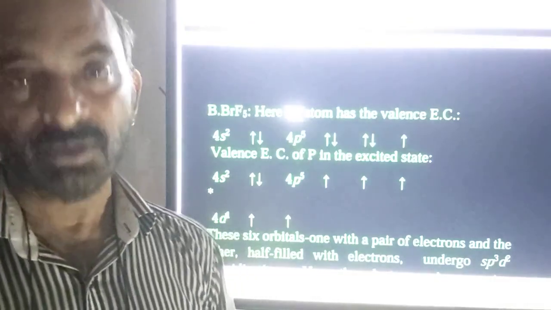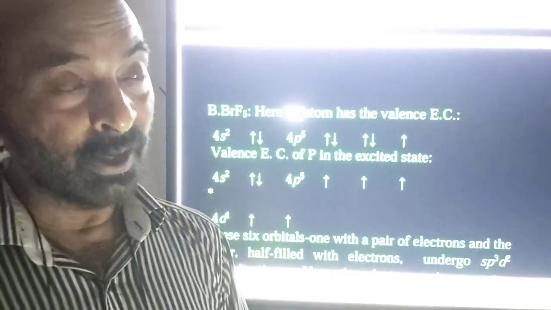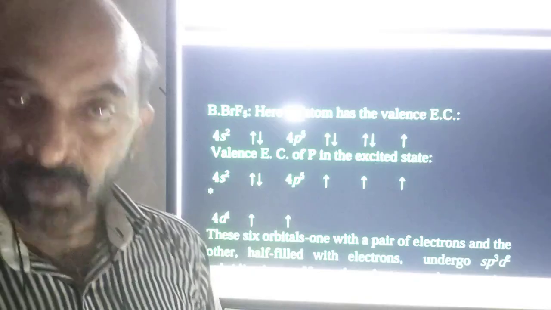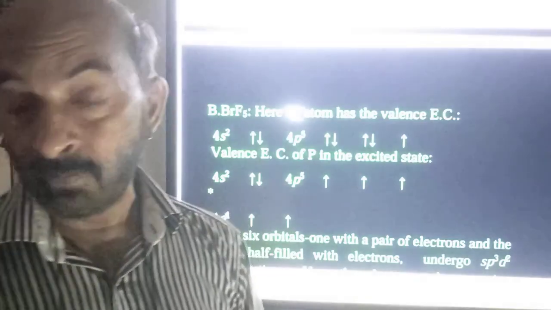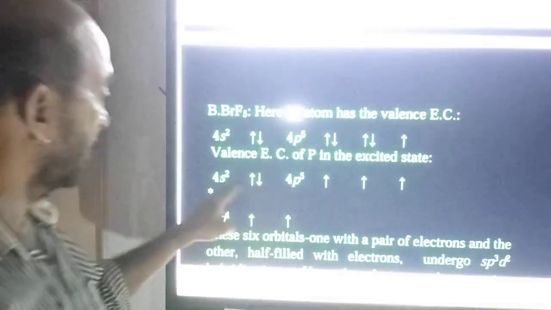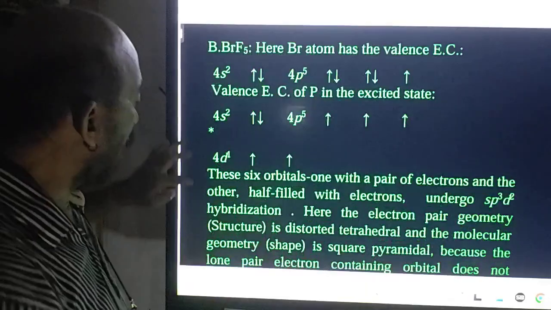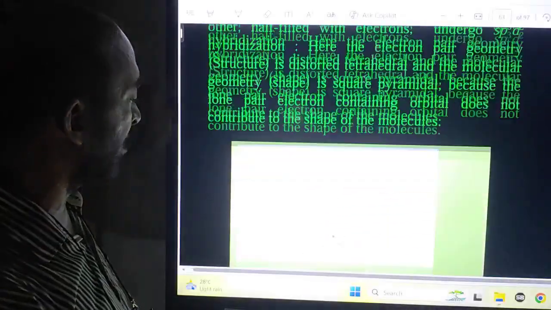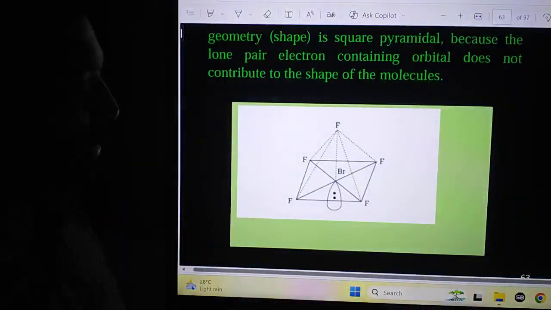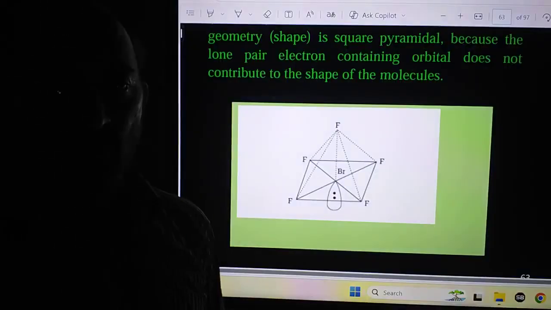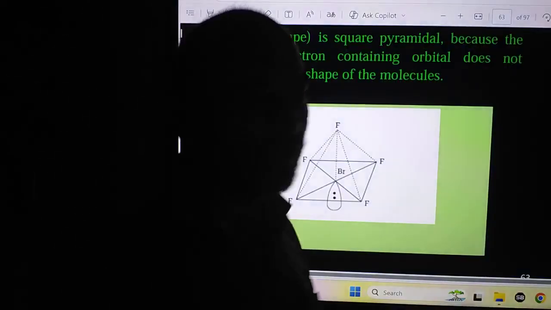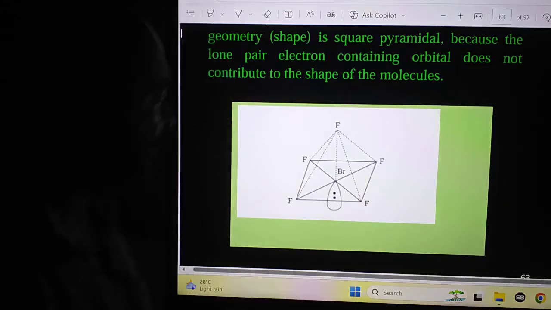We know the regular geometry of sp3d2 hybridization is octahedral, isn't it? But remember, in this case one of the sp3d2 hybridized orbitals has a pair of electrons. So in the structure, out of the 6 sp3d2 hybrid orbitals, one will have a lone pair of electrons.